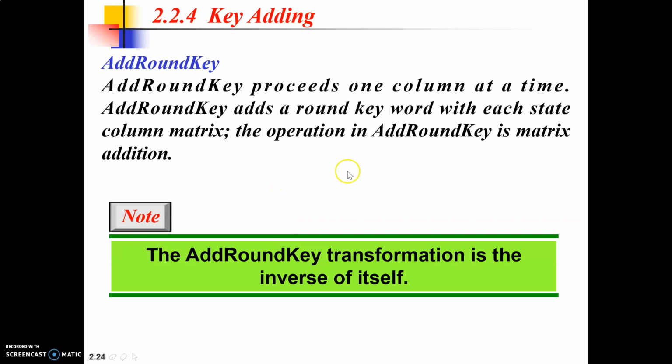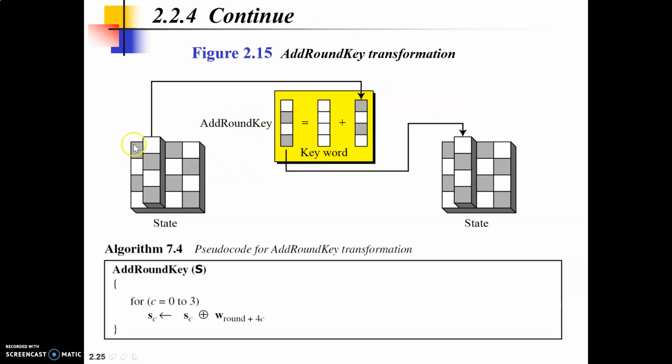The last process is the addition of the round key. It is also called the AddRoundKey stage. In this, each column is going to be added with the key word column, and the result that you get is the output of the AddRoundKey transformation stage.